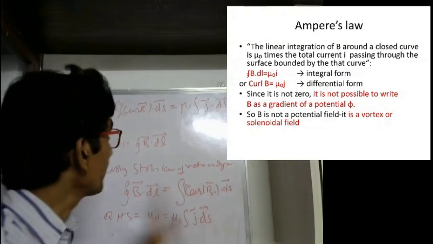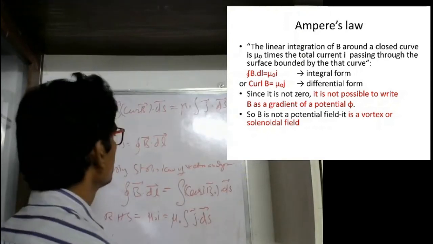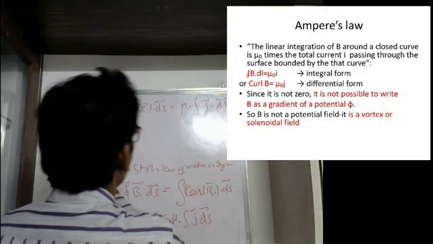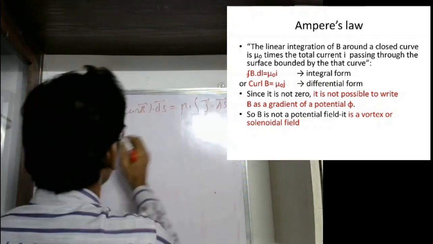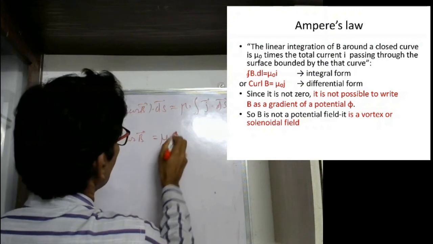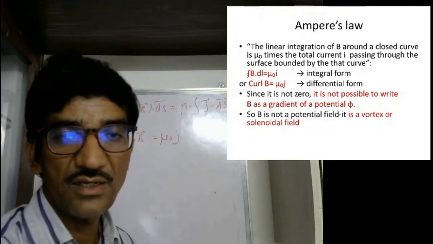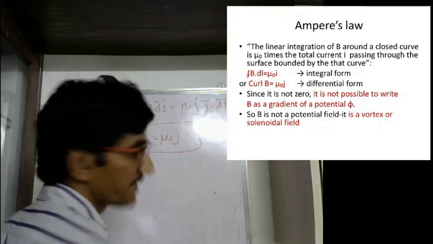So you may write this now as curl B is equal to mu naught j.